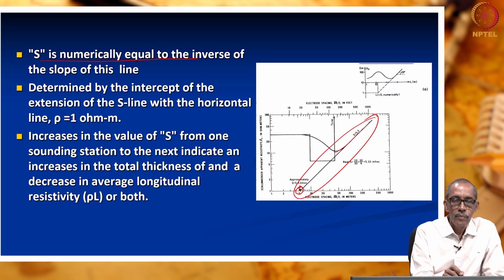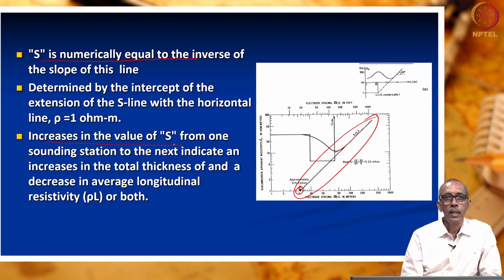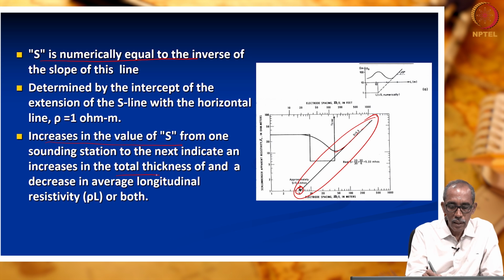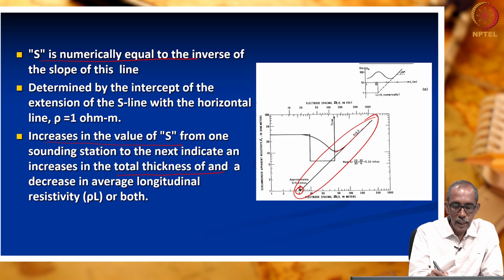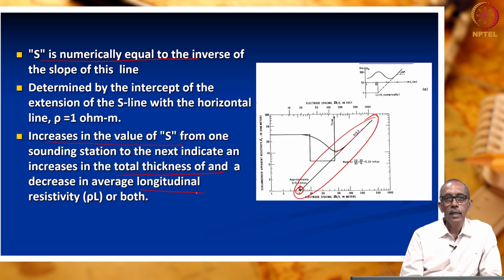An increase in the value of S from one sounding station to the other indicates an increase in the total thickness of the layers, or a decrease in the longitudinal resistivity, or both.